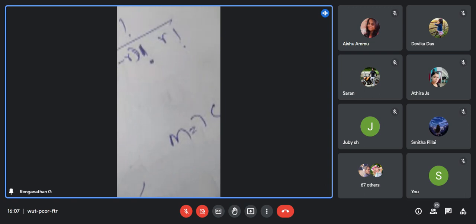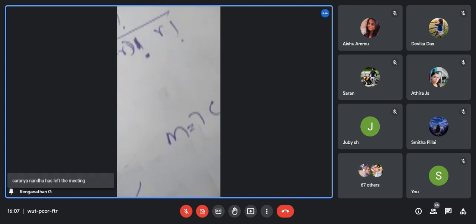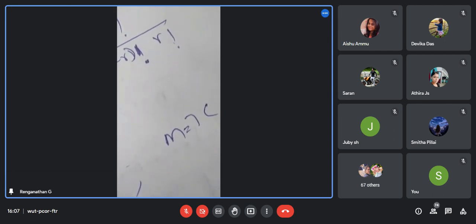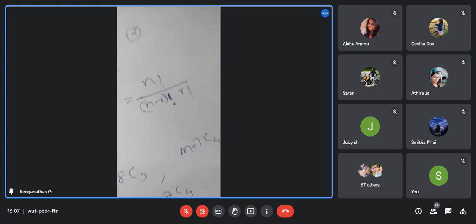I repeat the question once more. When three coins are tossed, what is the probability of getting: 1, all heads; 2, two heads; 3, one head; 4, at least one head; 5, at least two heads; 6, all tails. Okay.